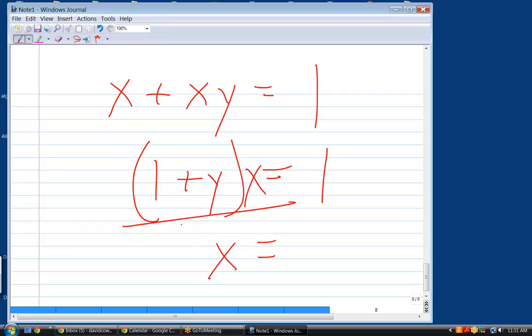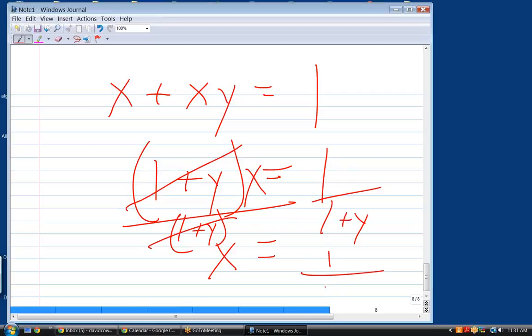I have to divide this entire side by 1 plus y, and the entire right side by 1 plus y. Now, that 1 plus y cancels with that, and I'm left with x alone. And now I have 1 over 1 plus y. And that's my answer.